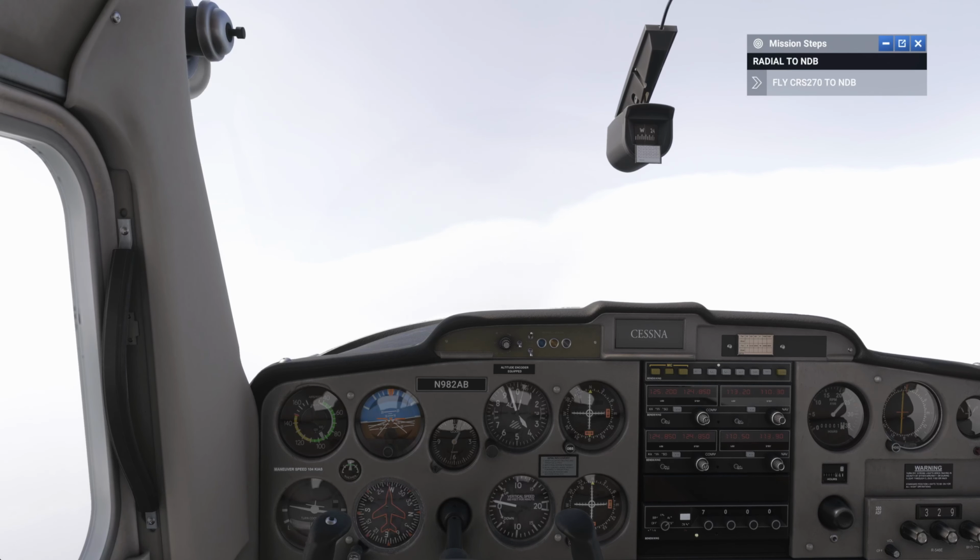You will see that the needle is now moving much more quickly, so we are nearing the NDB. Don't chase the needle from here, simply fly heading 270.